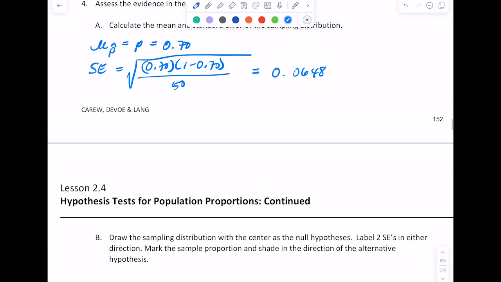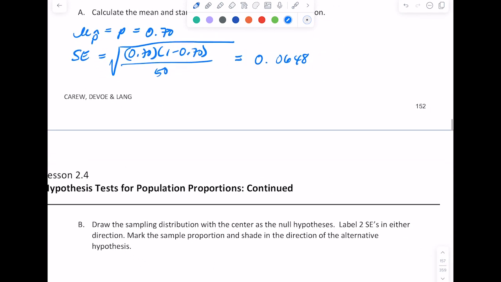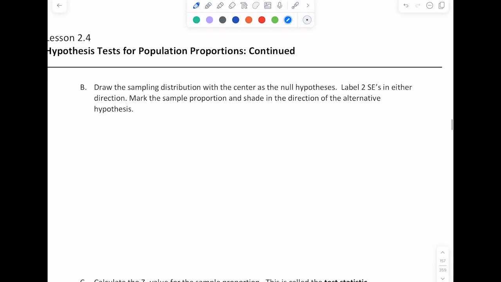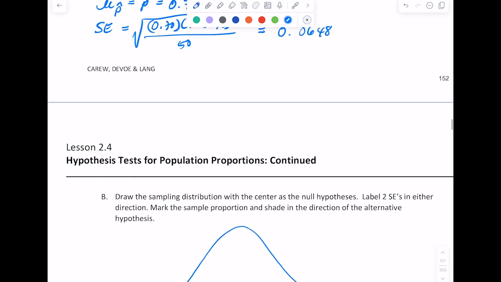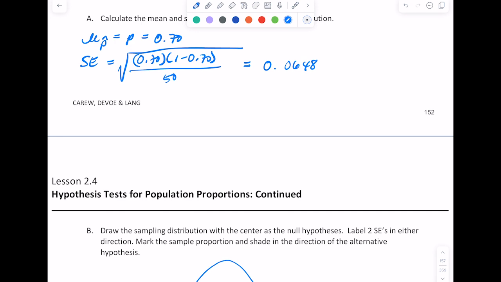Okay, I'm going to use that information now to draw the sampling distribution. So we're, again, assuming normality. So we know 0.70 is going to be our center. And we're going to go 2 standard deviations in either direction. So what I'm going to do is add 0.70 plus 0.0648.